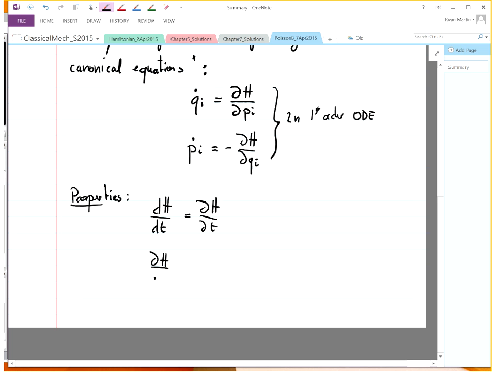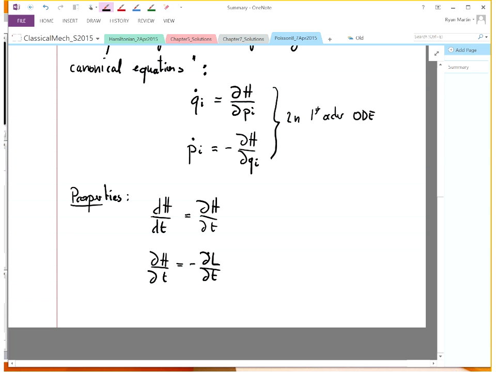In particular, we also found that the partial time derivative of the Hamiltonian was equal to the negative of the partial time derivative of the Lagrangian. So if the Lagrangian doesn't depend explicitly on time, so ∂L by ∂t is 0, then obviously ∂H by ∂t is 0, and consequently dH by dt is 0.